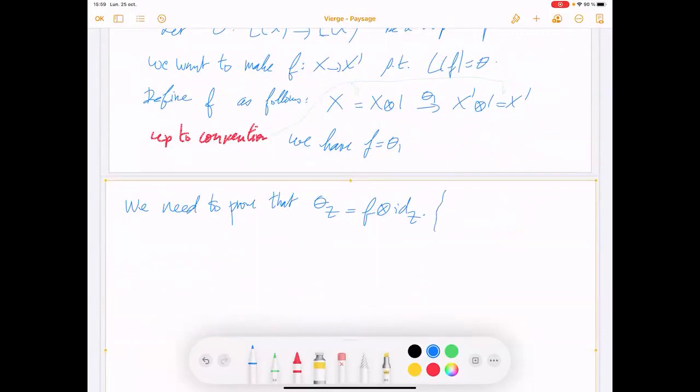In other words, this means that theta equals L of F, because recall that by definition L of F is equal to F tensor identity.